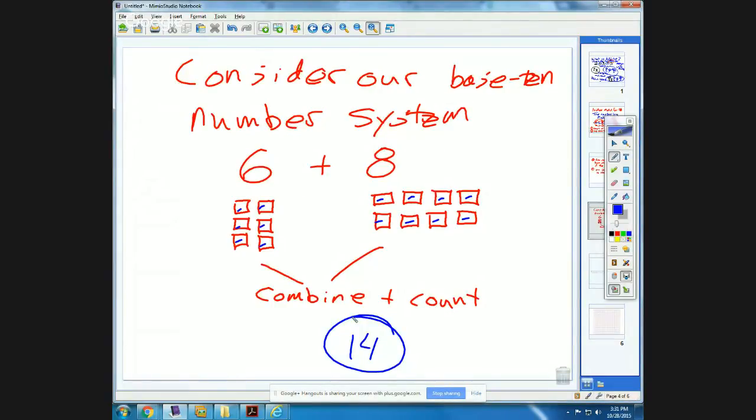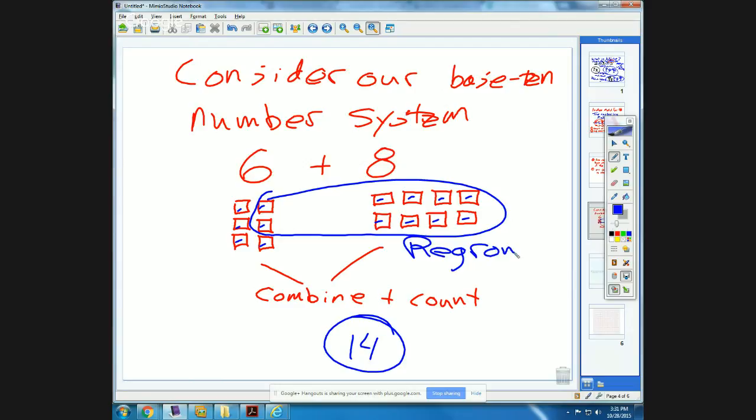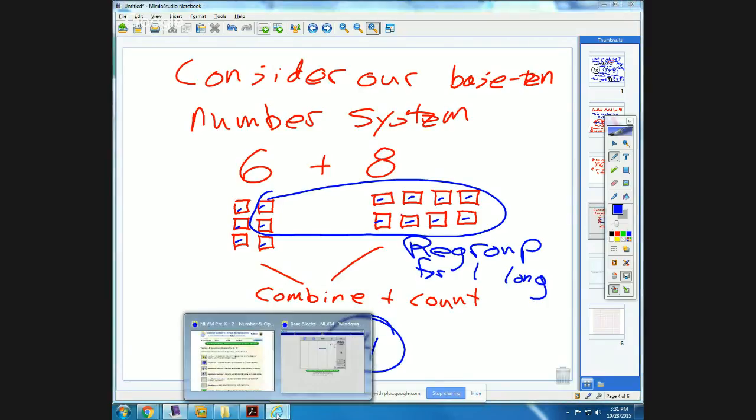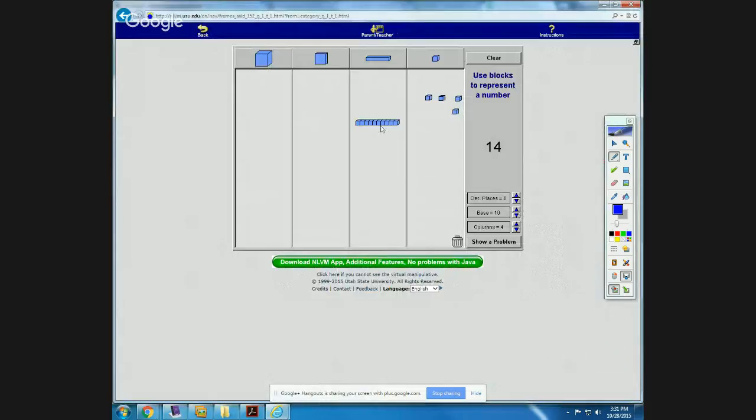So we should pause here and say, oh, wait, couldn't we regroup one of these into a long instead of a bunch of little pieces? Right? So we could say, hey, let's grab these guys and regroup or trade in for one long. And so back to my picture over here, these guys are called longs.